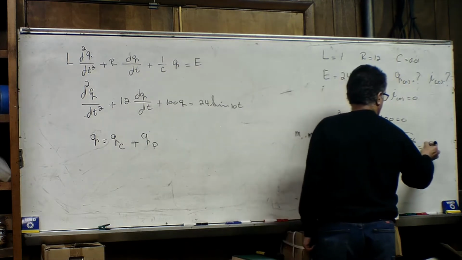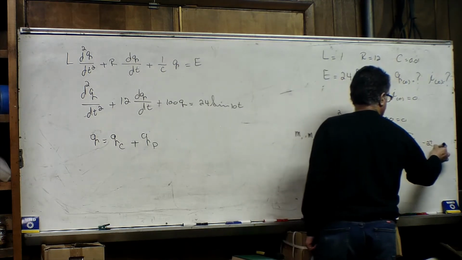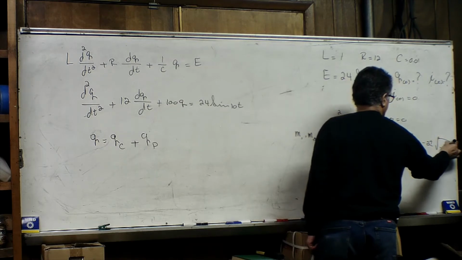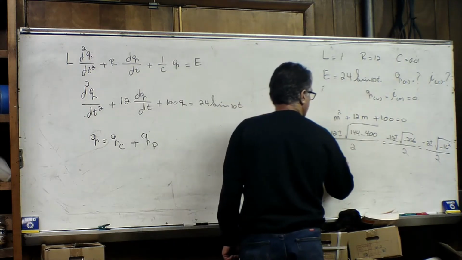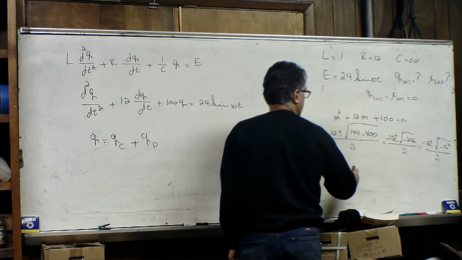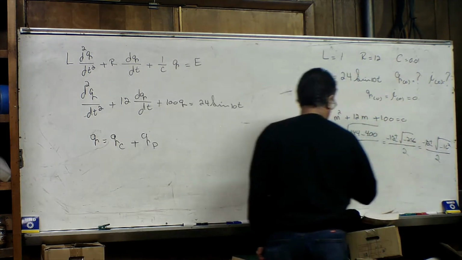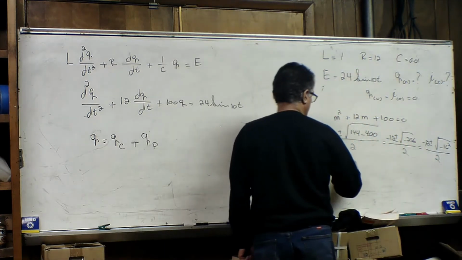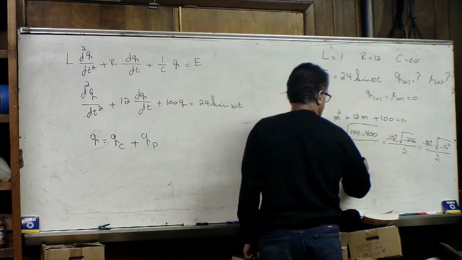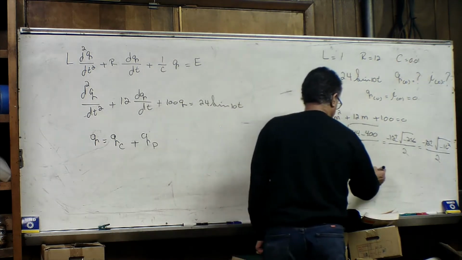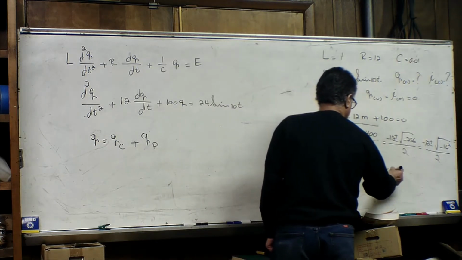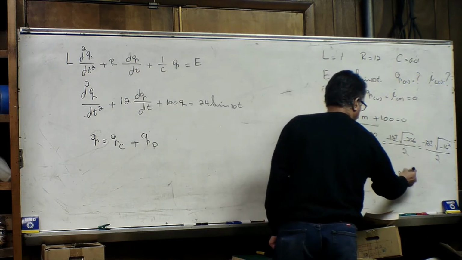So this is equal to minus 12 plus or minus the square root of minus 16 squared divided by 2. That is equal to minus 12 plus or minus 16i divided by 2. So the answer will be minus 6 plus or minus 8i.